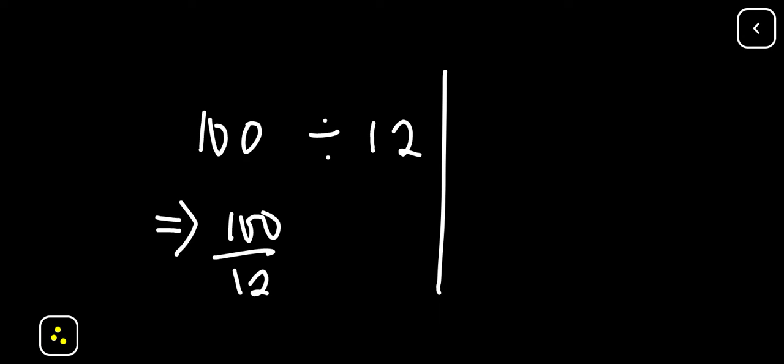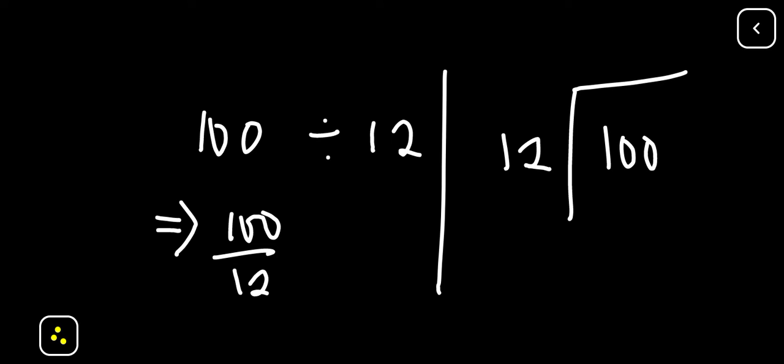Now, just pay attention to this very closely. This is the same thing as 100 over 12, right? So we're going to put our box here. The bigger number we're dividing is 100, and 12 is what we're going to use to divide 100. So we're going to start like this.